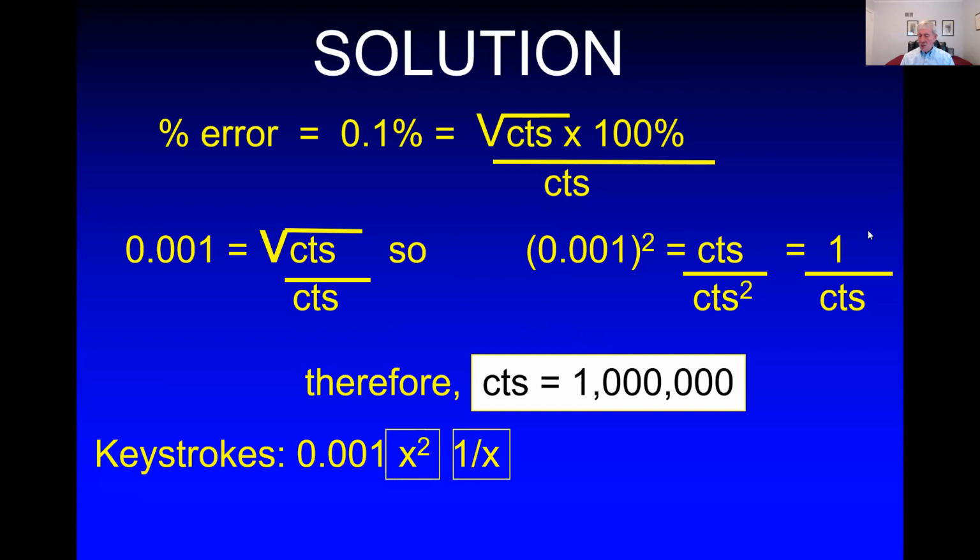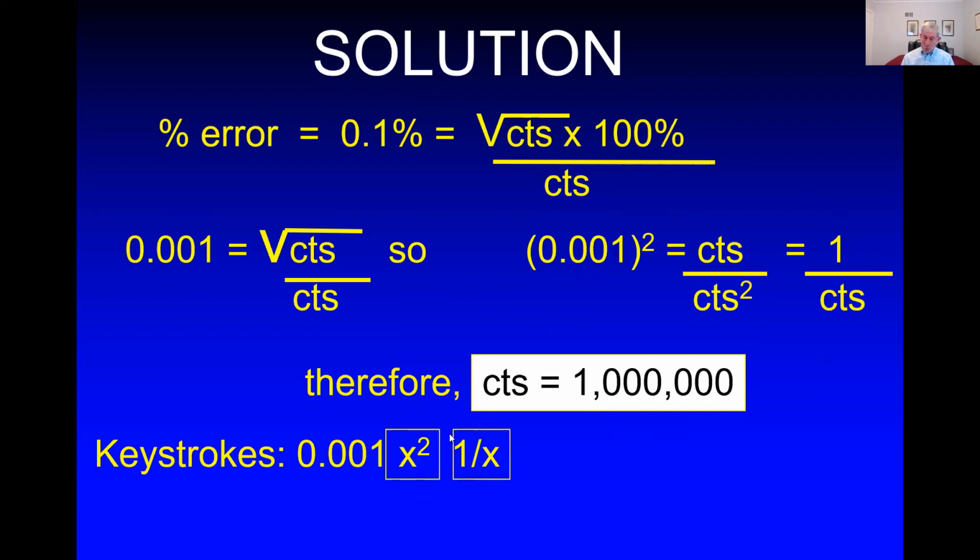Now, here are the keystrokes. If you take a look down here on the bottom, remember the unknown, the counts, is in the denominator. So this is the inverse. All we have to do is square this number on your calculator, 0.001 x squared. And then you just want to turn it upside down. Remember, this is 1 over x.